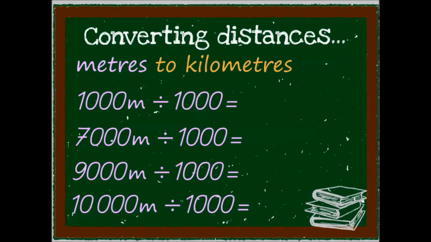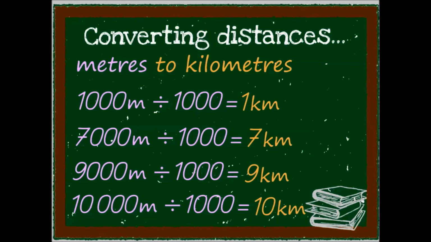Meters are smaller than kilometers, so I divide. 1,000 meters divided by 1,000 is 1 kilometer. 7,000 meters is the same as 7 kilometers. 9,000 meters is the same as 9 kilometers. And 10,000 meters is 10 kilometers.